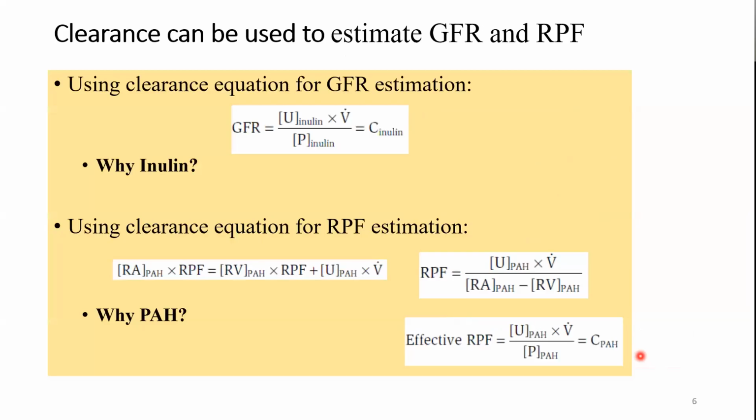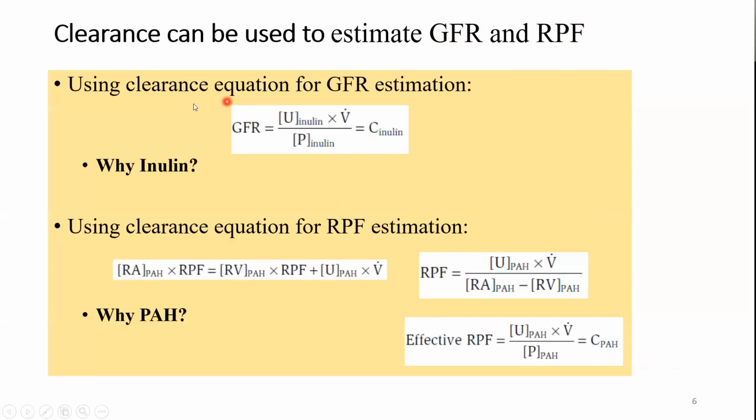we move on. Now, clearance can be used to estimate not just filtration, but also renal plasma flow. Renal plasma flow is a bit tricky. We will do GFR first, and let's see how it goes.